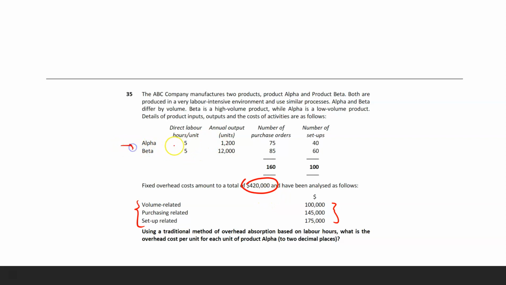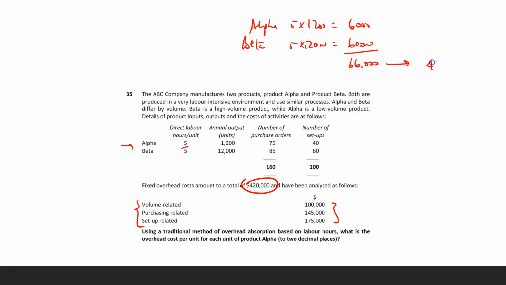So for alpha, you are at 5 hours per unit and you're making 1,200. So for alpha, you are making 5 times 1,200, which is 6,000 labor hours. And for beta, you are making 5 times 12,000, which is 60,000 hours. So in effect, you have a total of 66,000 hours driving this overhead cost of 420,000.